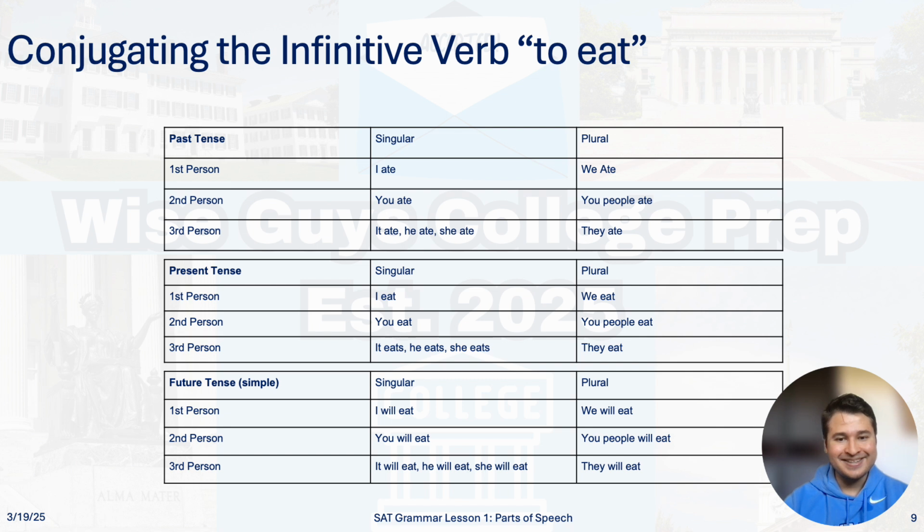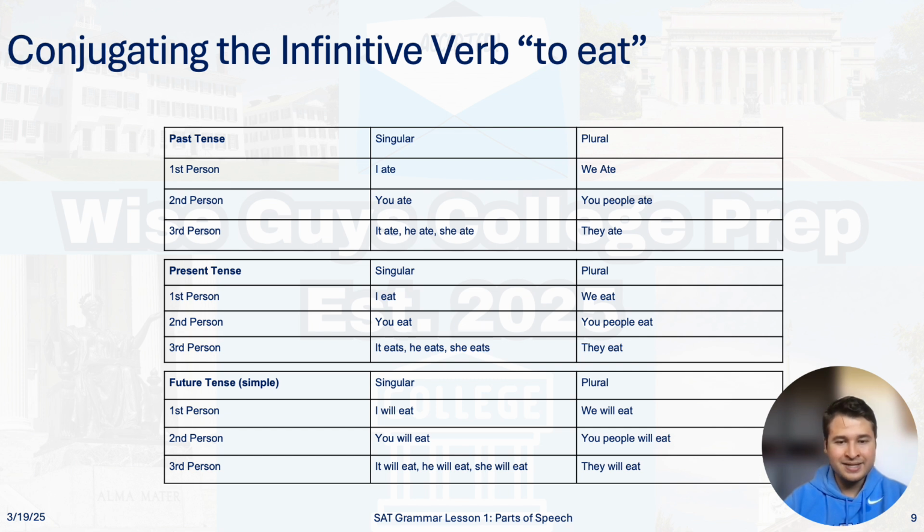So, past tense, first person singular: I ate. First person plural: we ate. Second person singular: you ate. Second person plural: you people ate. People is not necessary in most cases, but here I just added it for context, okay? Third person singular: it ate, he ate, she ate. And third person plural: they ate.